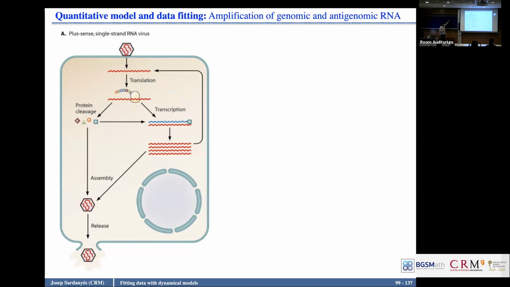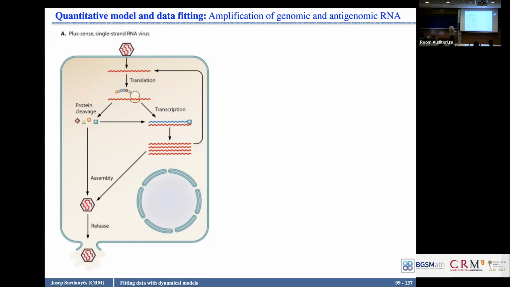It's very long. So usually in small genomes we have overlapping genes, and a protein that is catalytic and self-cleaves, so we obtain different proteins. These viral proteins, synthesized by the cell ribosomes, can be of two types: the polymerase or the structural proteins.